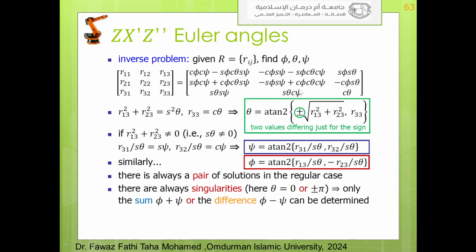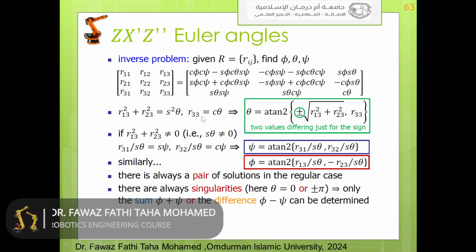So in the second step, we can find the angle of psi. The angle of psi is equal to this term divided by sine theta, and sine theta is obtained from the previous step.